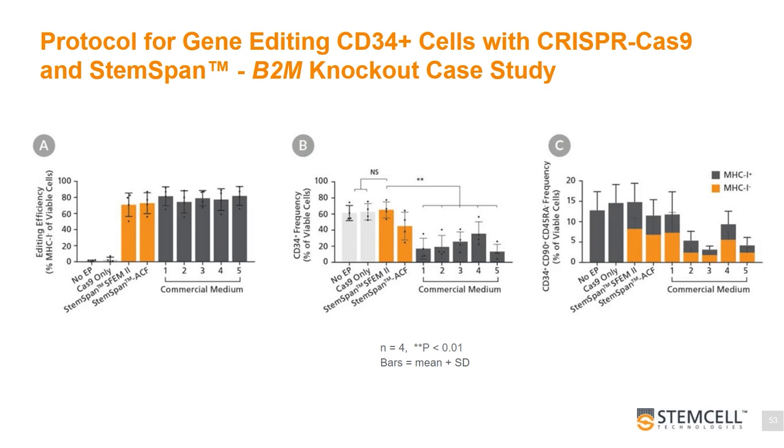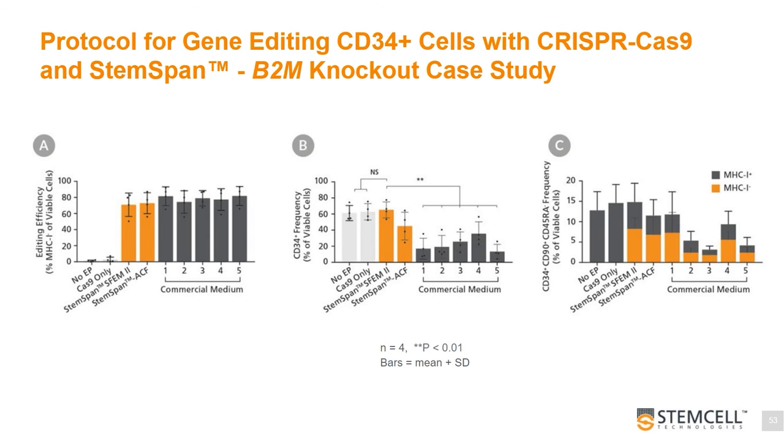We tested our final protocol, which includes edited cell culture in StemSpan media and a few other commercial media. Using the Architect CRISPR-Cas9 system, B2M editing efficiency, as shown in figure A, was comparable across media conditions.